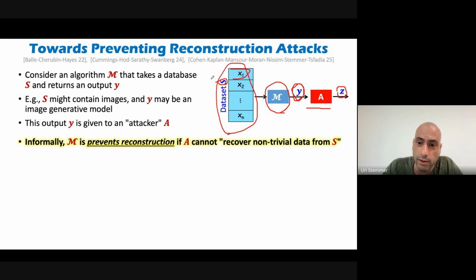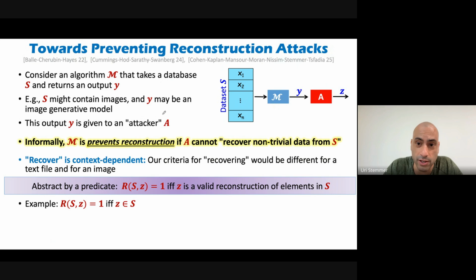Now, intuitively, we can say that M prevents reconstruction if this Y is hard to invert in the sense that A cannot recover non-trivial data from S. Okay, that's intuitive enough, but what does it mean to recover, and what does it mean to be non-trivial, right?